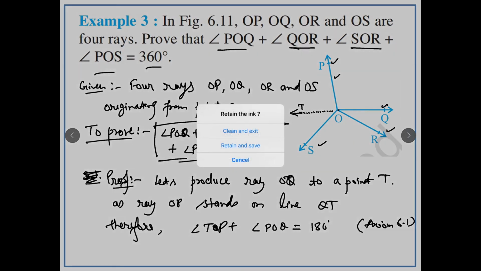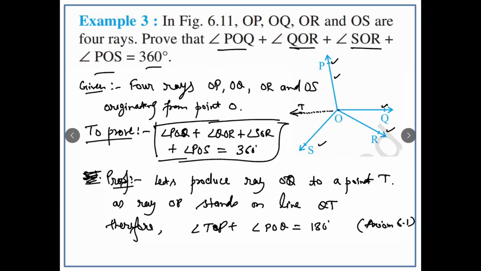Now moving ahead, we'll take this ray OS which is also standing on the line QT, then the sum of these 2 angles, this one and this one, will be 180 degree.